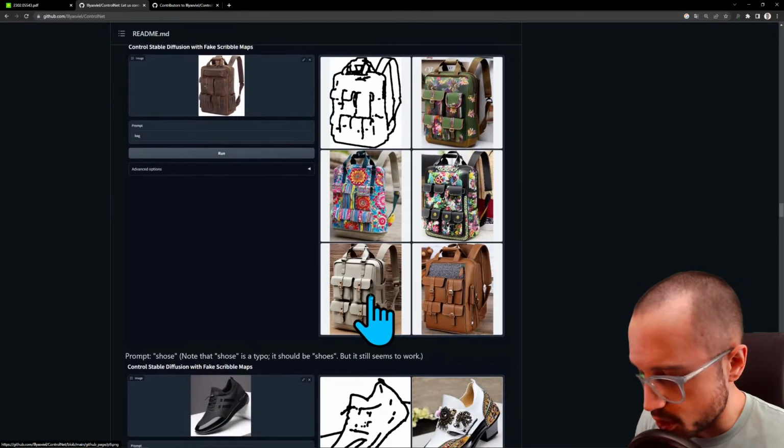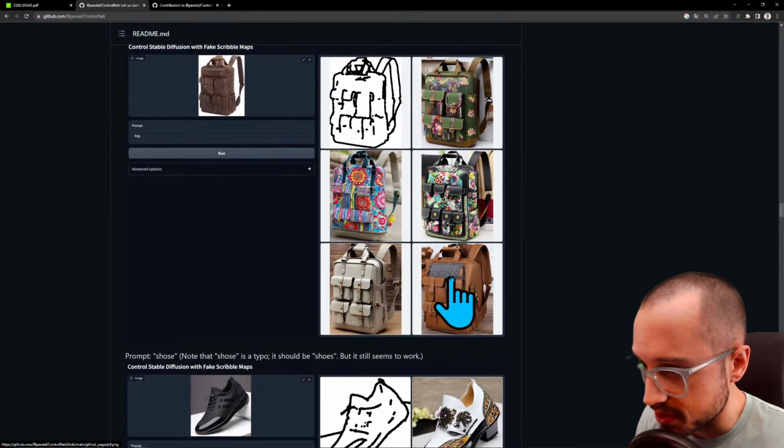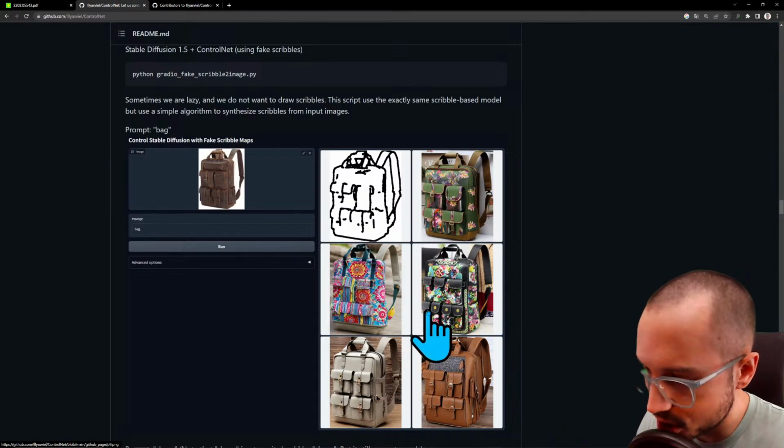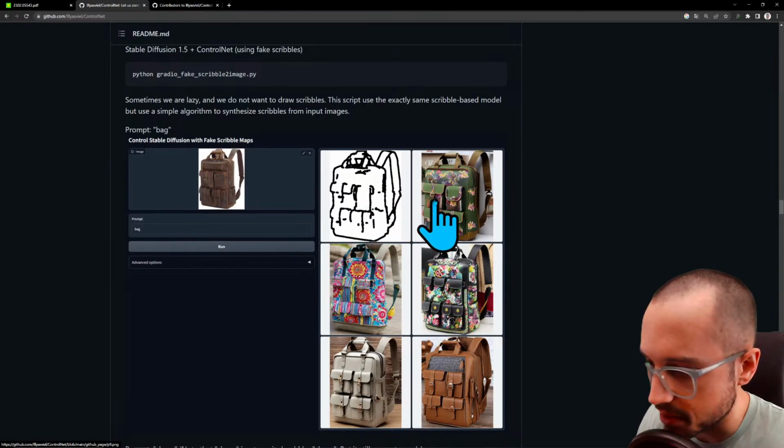It seems like this has opened the floodgates for all different types of content creation, right? Just look at this. You can take a picture of a backpack. Now you can turn it into any backpack. This type of stuff was possible before, but the huge step function improvement here is the level of control, right? Where you can control exactly what you want the backpack to look like.